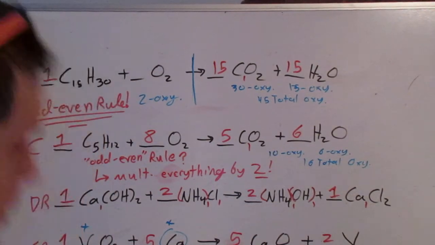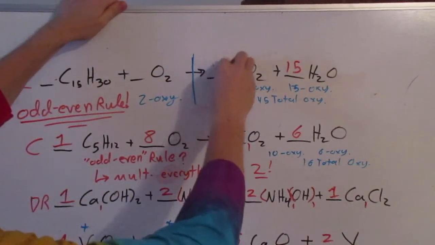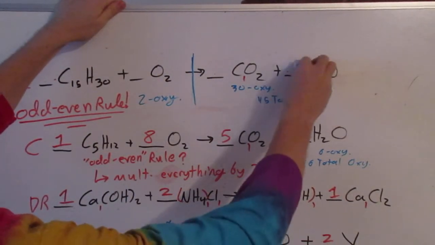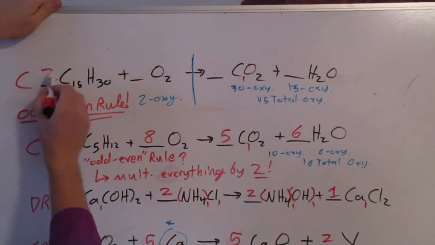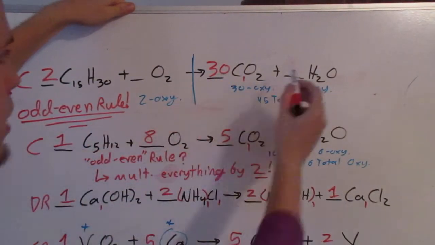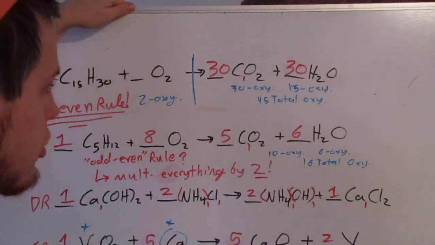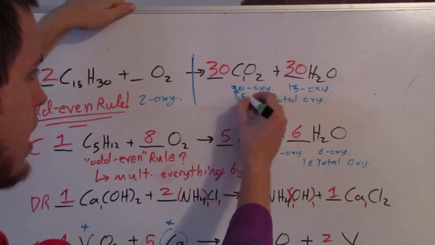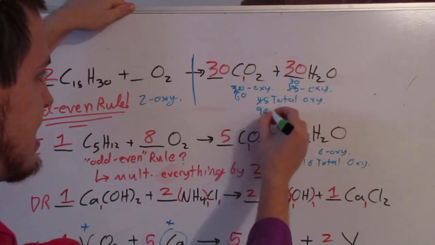So simply what we do is we double everything. We just double everything, which means now we're at a 2. Now we're at a 30. And now we are at a 30. This will double all the oxygens. 45 times 2 is 90.